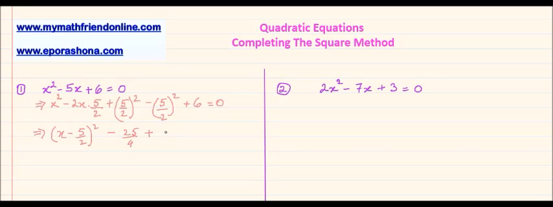Now, let us write this as it is and let us take up another step. We will be adding these two. So how do we add a fraction to a whole number?